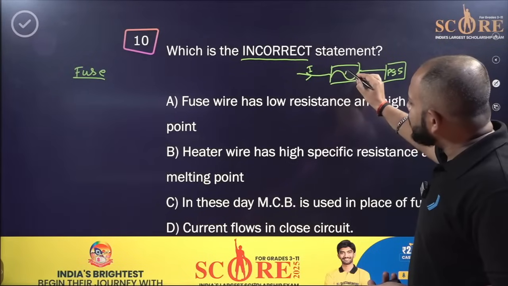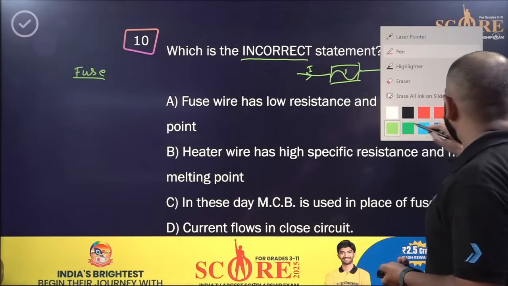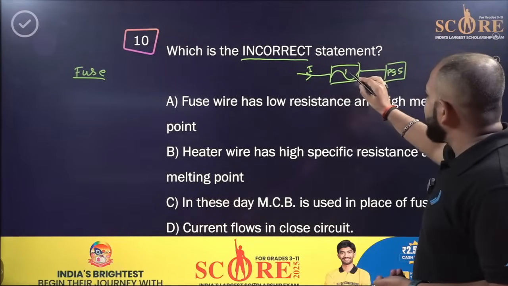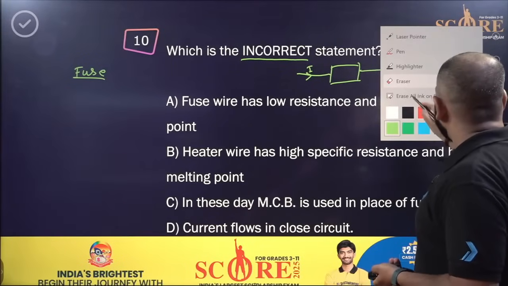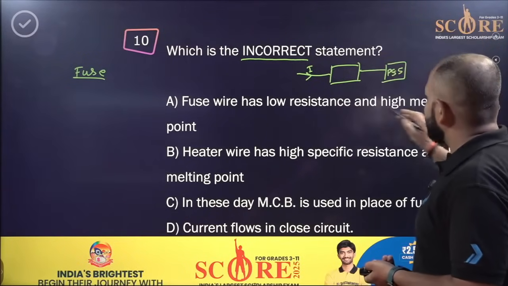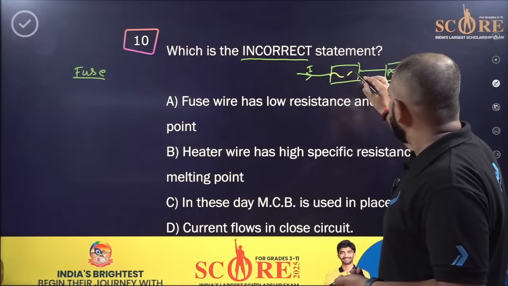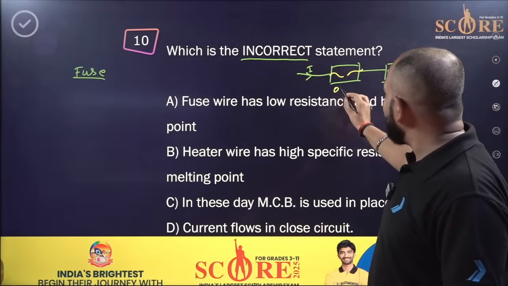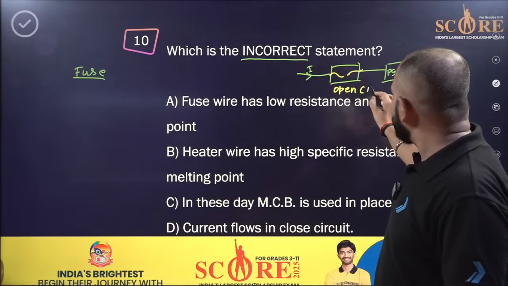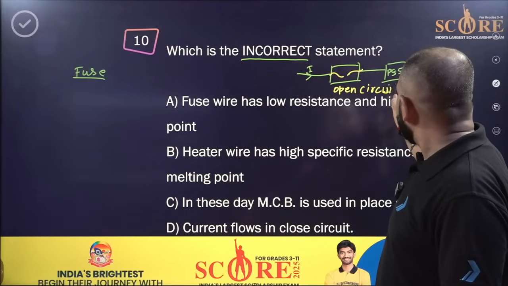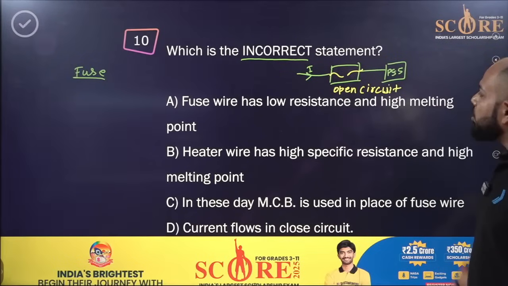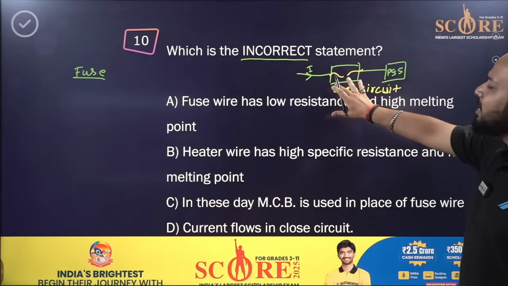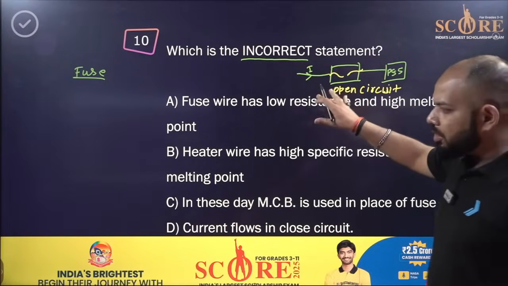When the excess current goes, it just breaks the circuit, and it will seem to be like this. Now the current will not go, because it becomes an open circuit. In an open circuit current won't go, and your PS5 is saved, and this can be replaced. So that's what the fuse is.